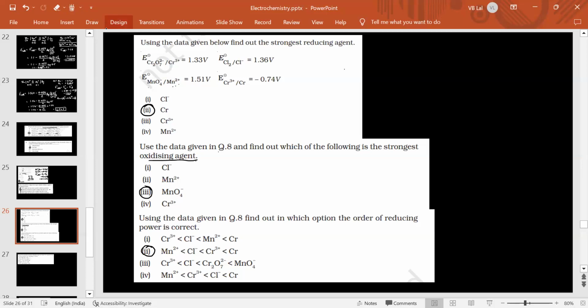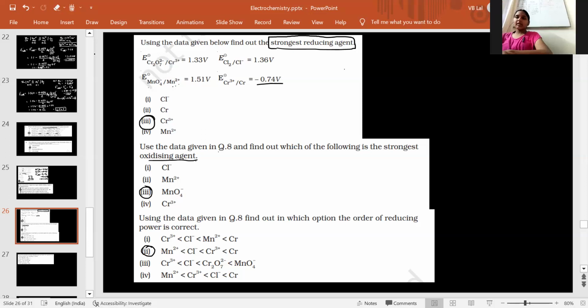Yes, you are right. Cr3 plus should come. The strongest reducing agent is the one which has the lowest reduction potential. So it should be Cr3 plus. Correct.